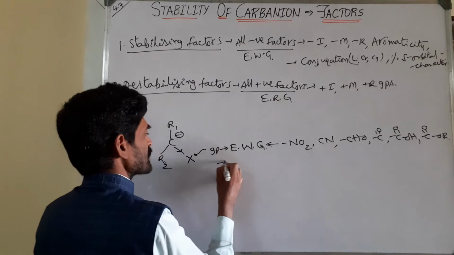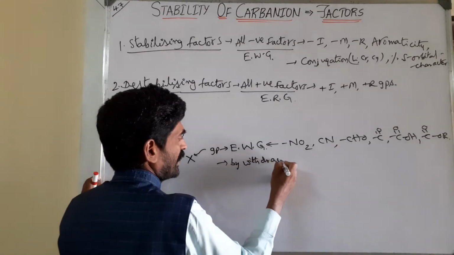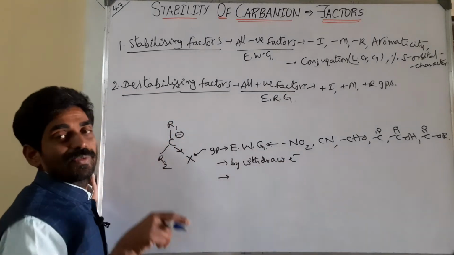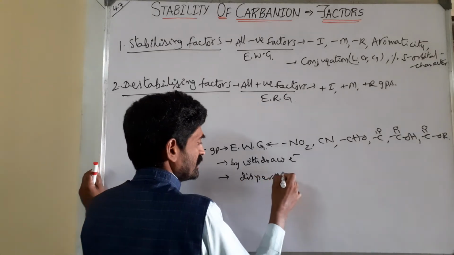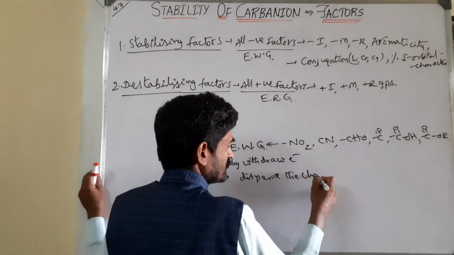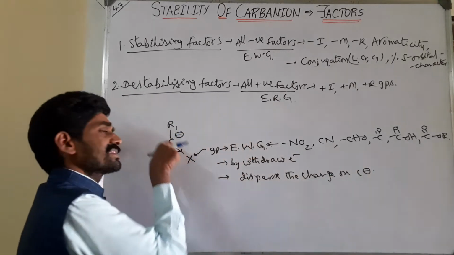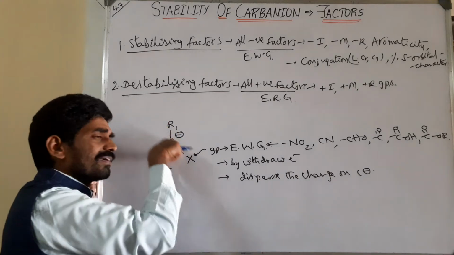If these groups are present, by withdrawing electrons, they disperse the charge on the carbanion. If charge is dispersed, then the stability of carbanion increases, because the negative charge is going away.